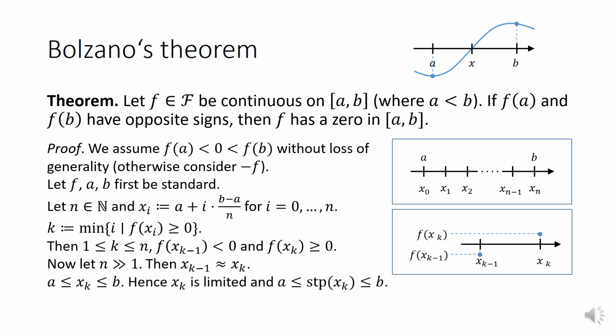We know that xk is between the standard numbers a and b and is therefore limited. By taking the standard parts, we conclude that the standard part of xk is also in the interval from a to b. We define x as the standard part of xk and claim that f of x is equal to 0.